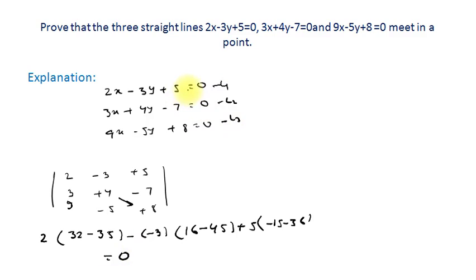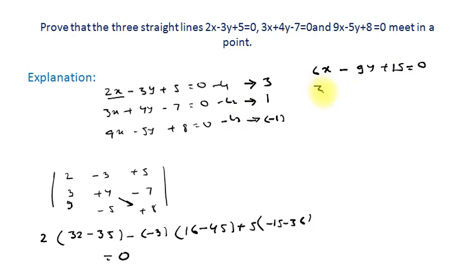Now if we look very closely at these straight lines, and multiply the first by 3, the second by 1, and the third by minus 1, what do we see? The first line becomes 6x minus 9y plus 15 is equal to 0.